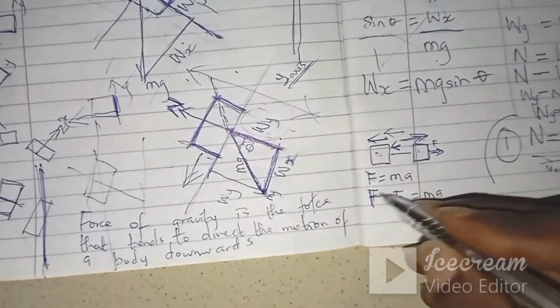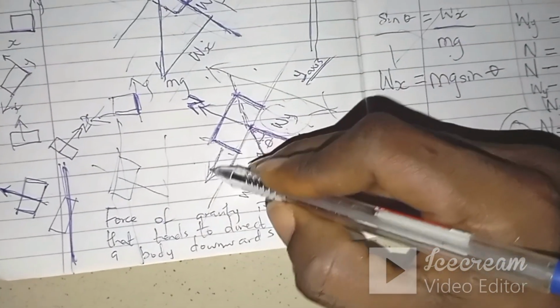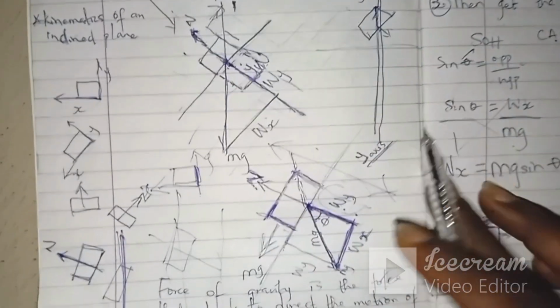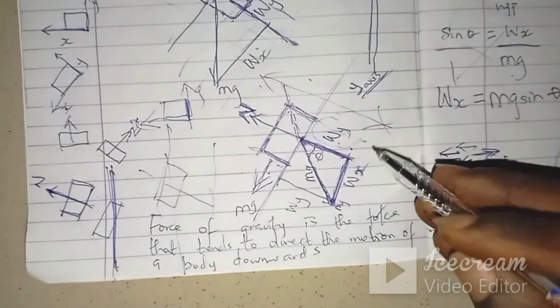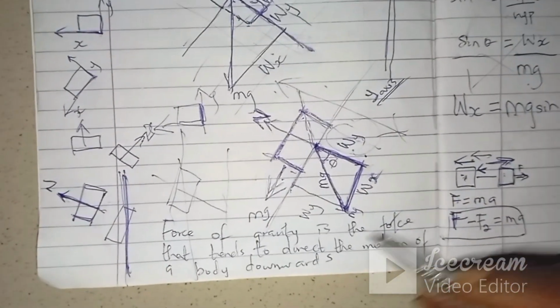But notice that what we are treating here is just one object. So the force acting this way is mg. Everything here, as this thing is going this way, is weight, and weight is given by mg.